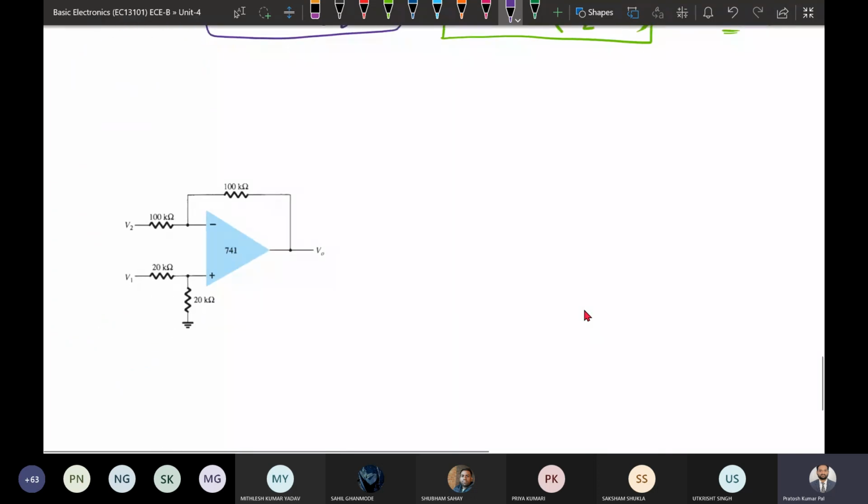So okay, another example is there. Example 2 for the subtraction circuit. So just a subtractor amplifier is there.